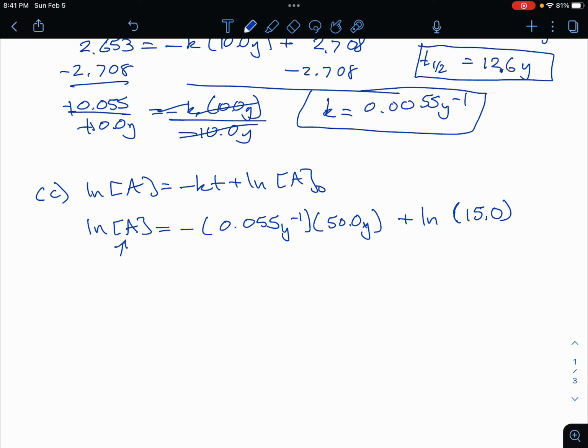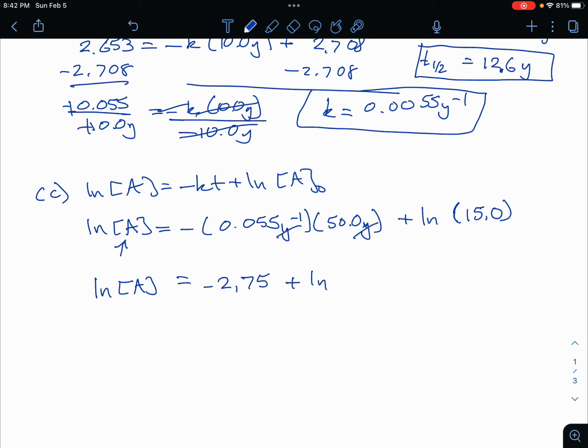So we've got ln of A equals negative 0.055 times 50. That's going to be negative 2.75. Notice the years cancel.